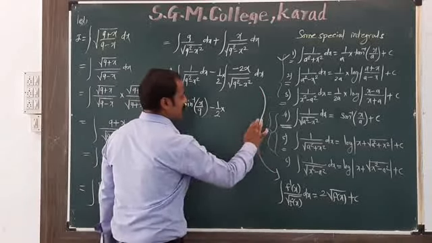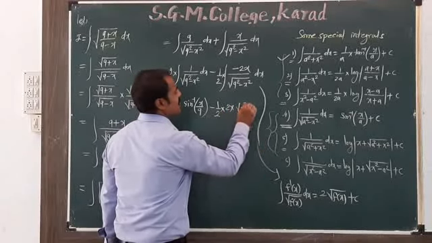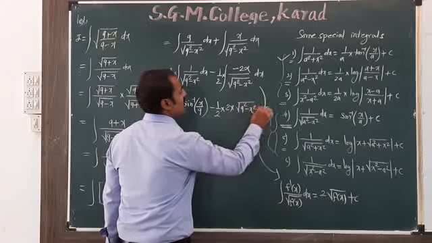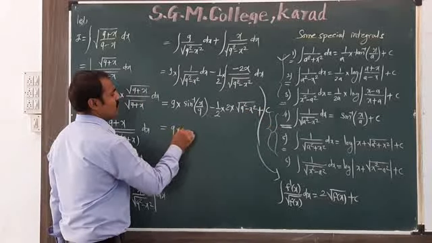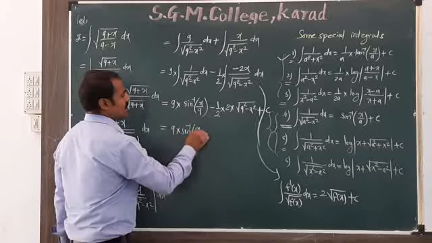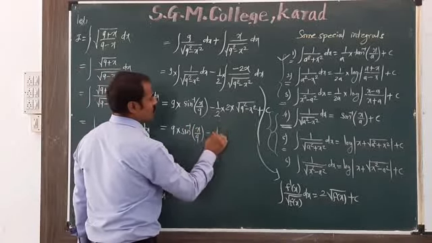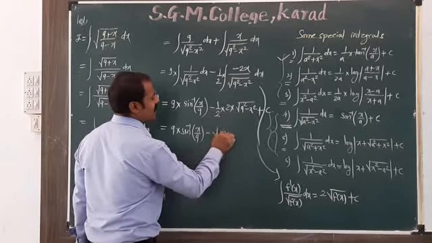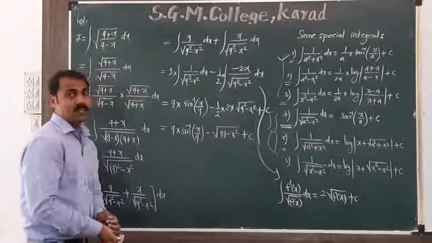So 2 into root of 9 square minus x square plus c, which is equal to 9 into sine inverse x divided by 9, the 2 gets cancelled, minus root of 9 square, that is 81, minus x square, plus the constant of integration c.